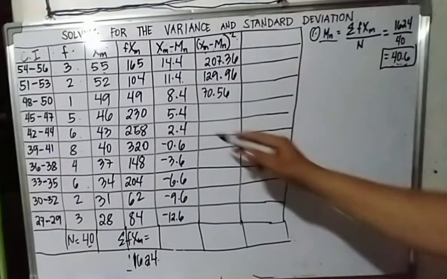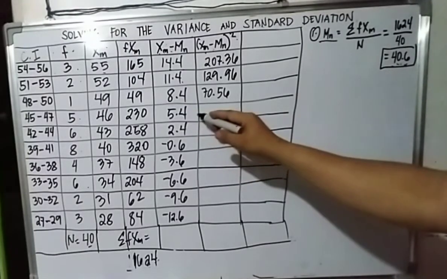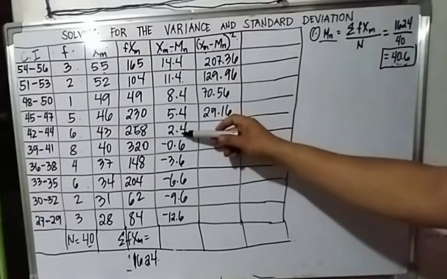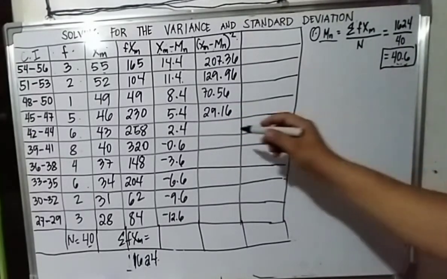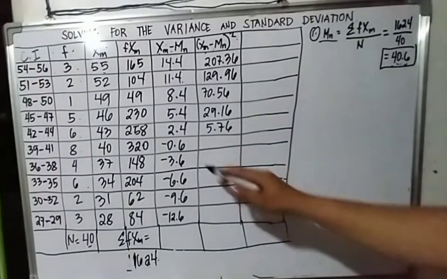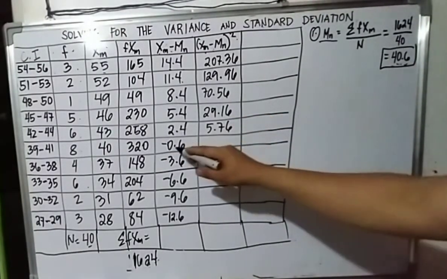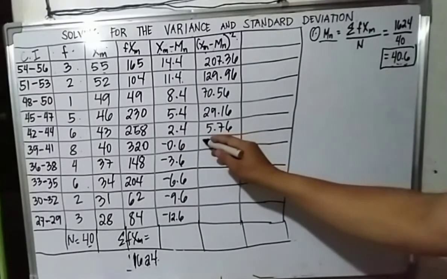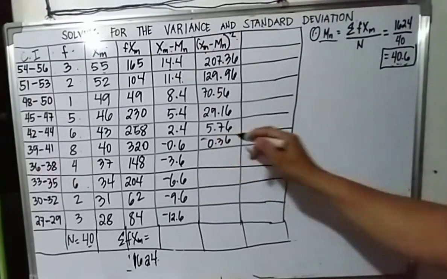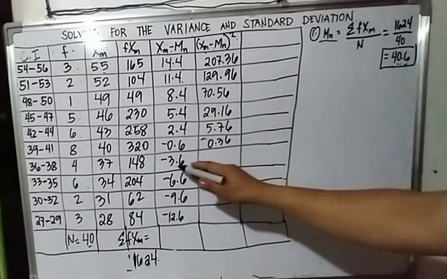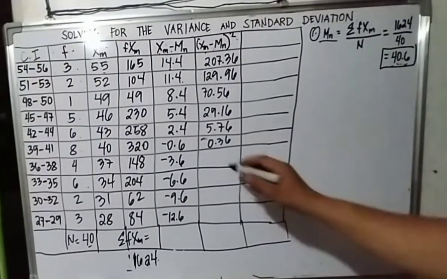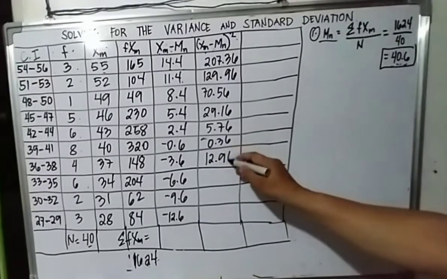70.56. Then 5.4 times 5.4, that is 29.16. Then 2.4 times 2.4, that is 5.76. Then negative 0.6 times negative 0.6, that is positive 0.36. Then negative 3.6 times negative 3.6, that is 12.96.